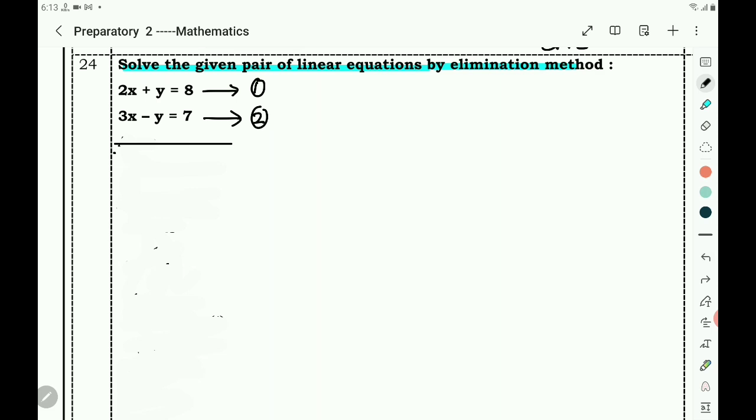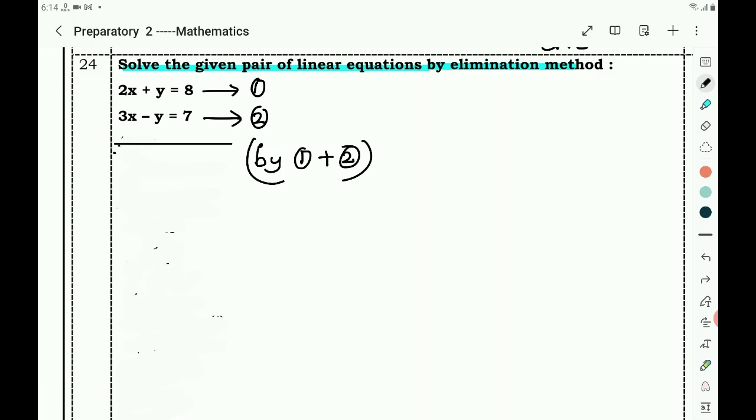So, here, as the coefficients of y are the same and they are of different sign, you can cancel it easily. To cancel this y and minus y, you must do the addition, first equation plus second equation. Here the variables are having different signs, so you must do the operation addition.